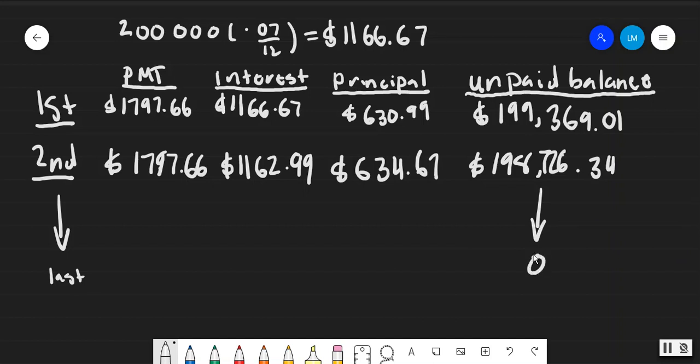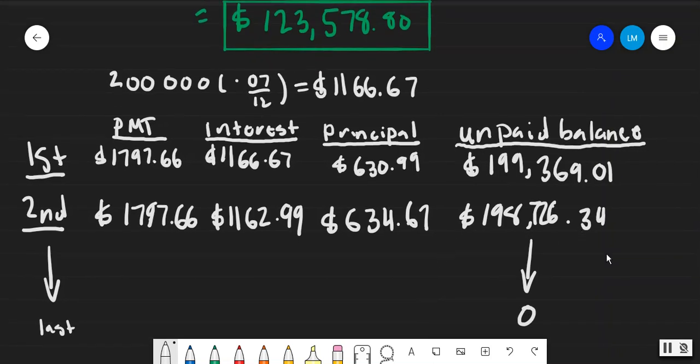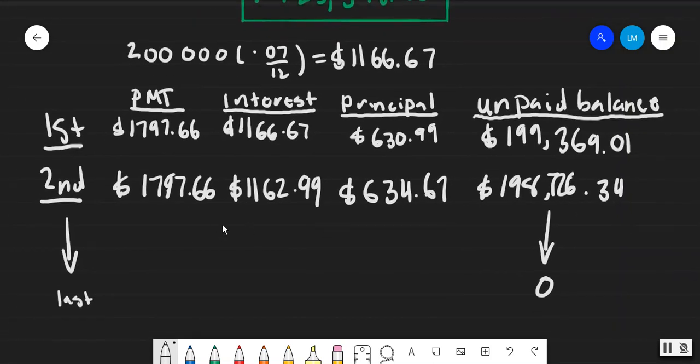In any case, this is how most people tend to track the amounts that are being paid towards something like a mortgage loan, student loan, credit card, and so on.